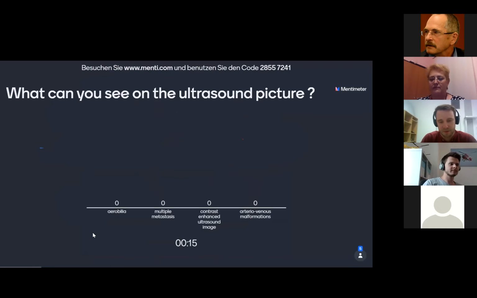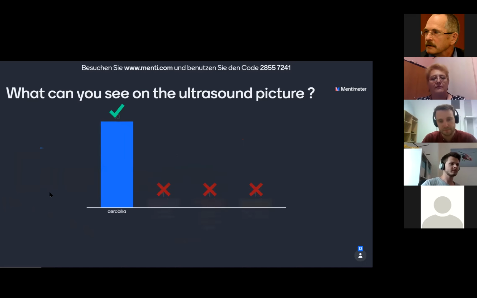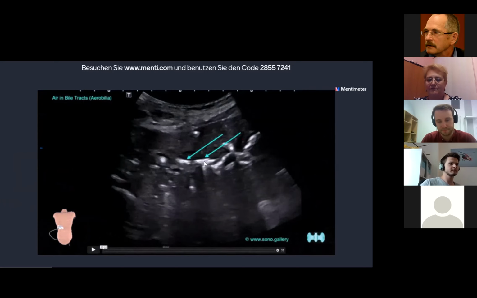There are some answers to choose from. Most of the participants are right. It's the aerobilia. You can see inside the bile tracts the hyperechogenic air, the small bubbles.